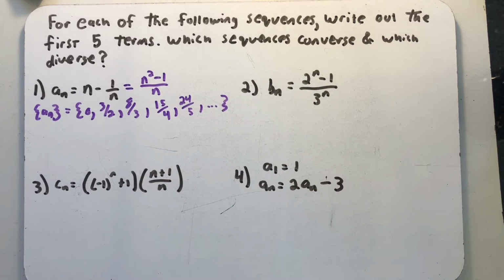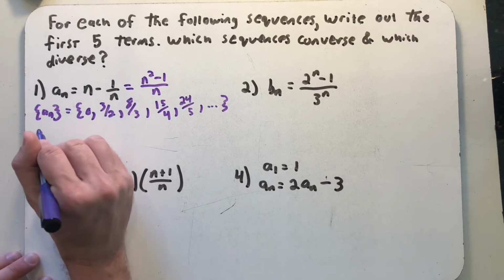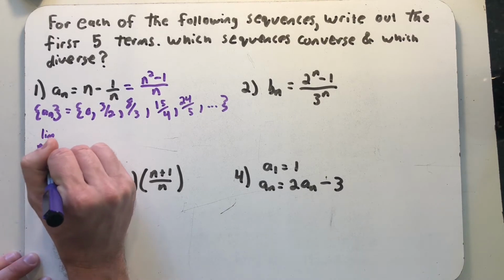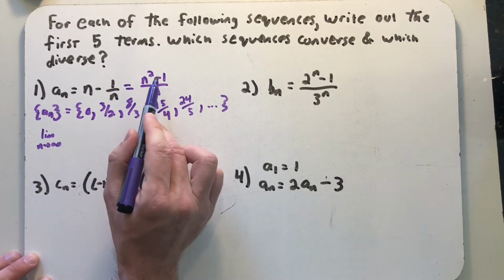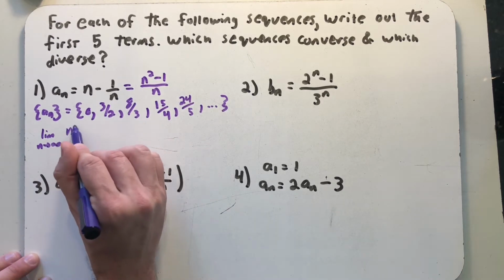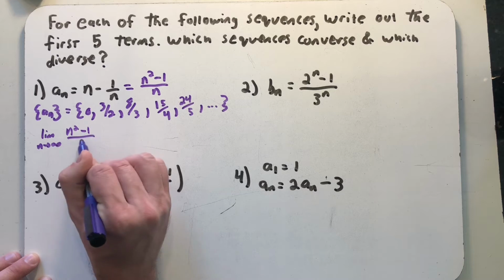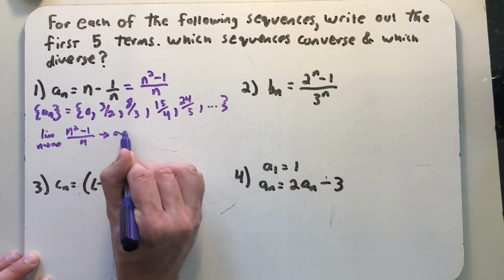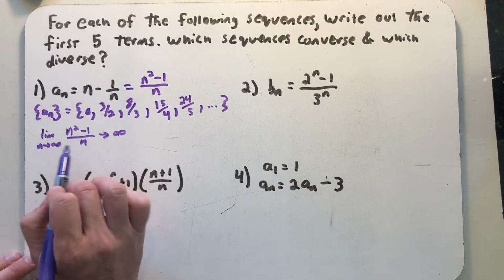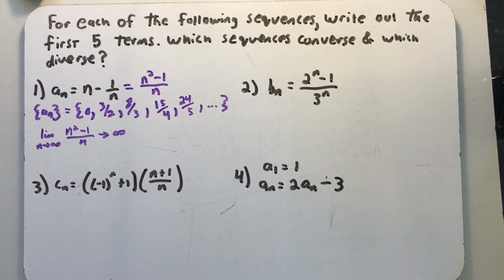Well, at this point, as we go out in the sequence, those numbers do look like they're always rising. And if I take a limit as n approaches infinity of either n squared minus 1 over n or the original formula, I'll see that this is going towards infinity. Here I have a polynomial on top and a polynomial on bottom. The degree of the top is more, which means I'm running off to infinity.